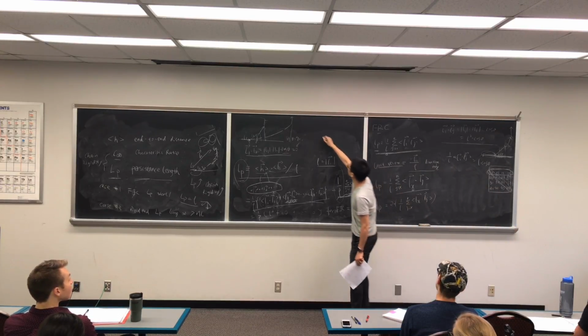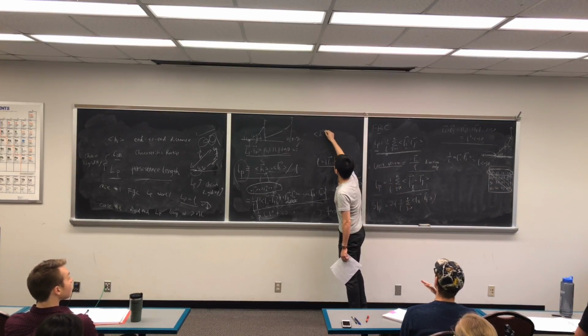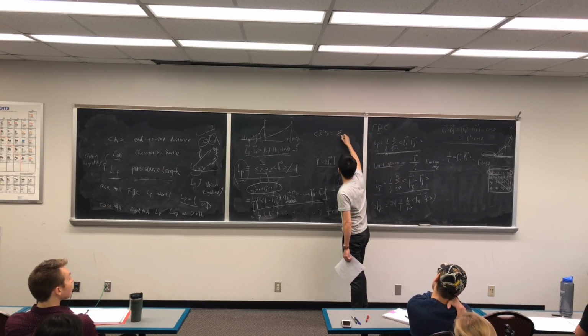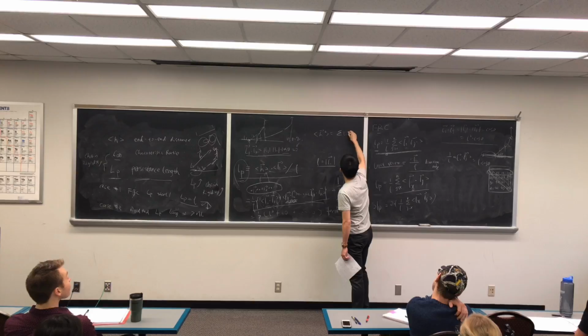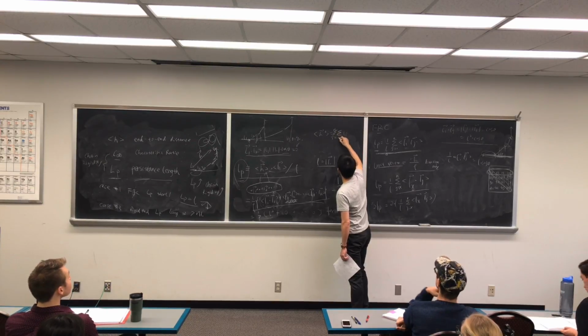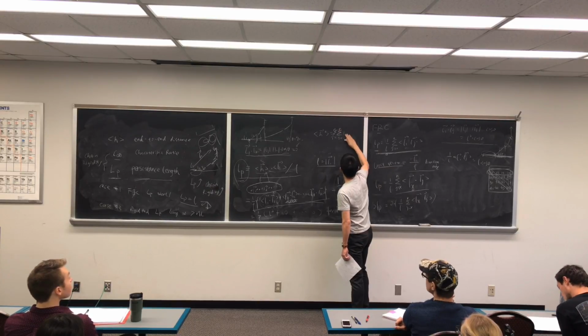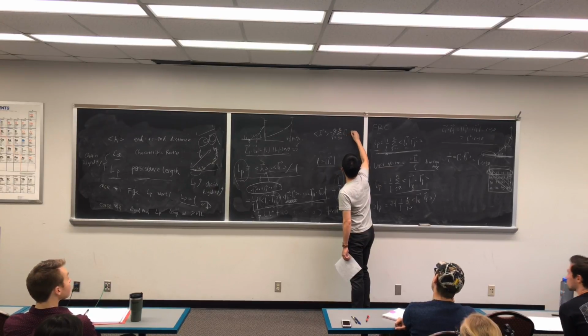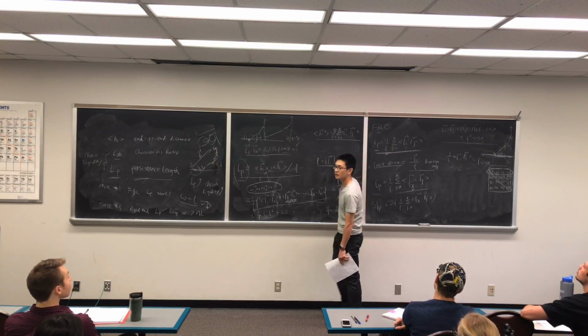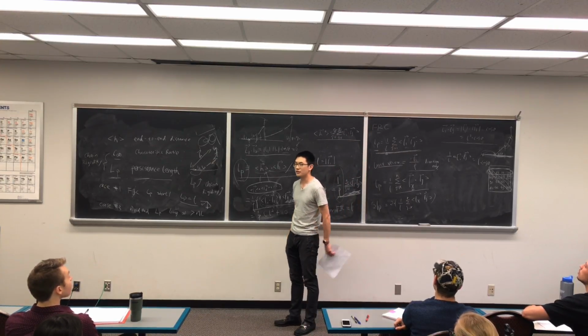Let me write here. So h squared would be equal to the sum over i equals 1 to n, j equals 1 to n, li dot lj. So that would be with the end-to-end distance.